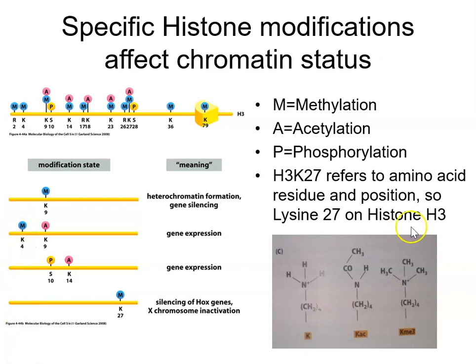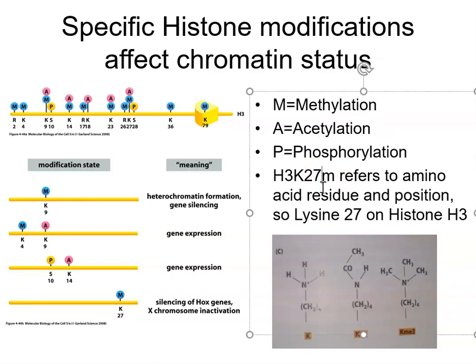So we have some codes that we use in the epigenetics trade, and we'll see H3K27, and that refers to the amino acid lysine 27 of histone H3, and then we'll follow that up with maybe Me3 for trimethylation. So this is the side group of lysine, and there's an NH3 group on there.